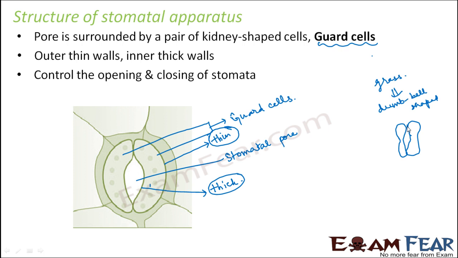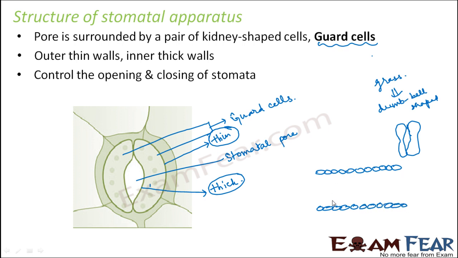So again, when we talk about the presence of stomata in a leaf, in a leaf there are two layers of epidermis. When you look at the internal structure of a leaf, you will see that there are two layers of epidermis, one on the upper surface and the other at the lower surface.